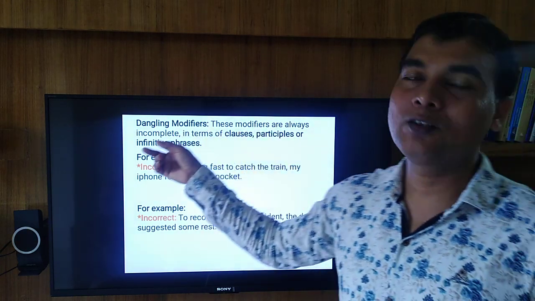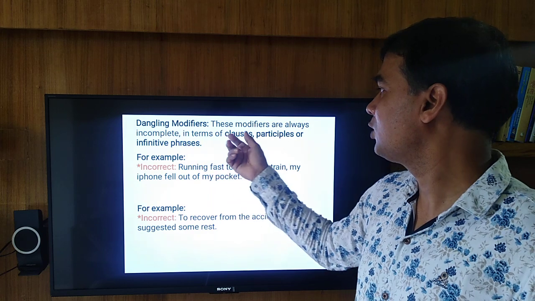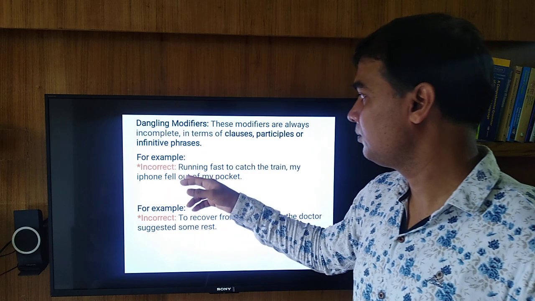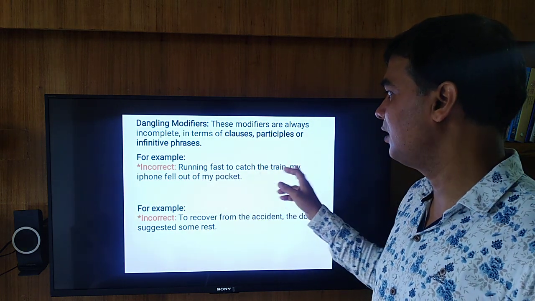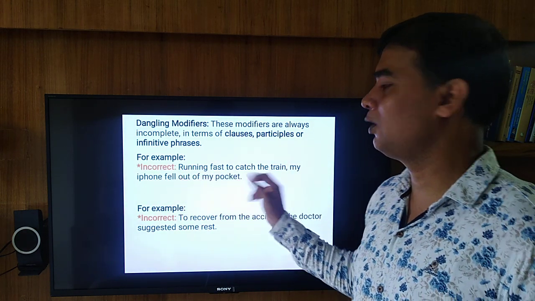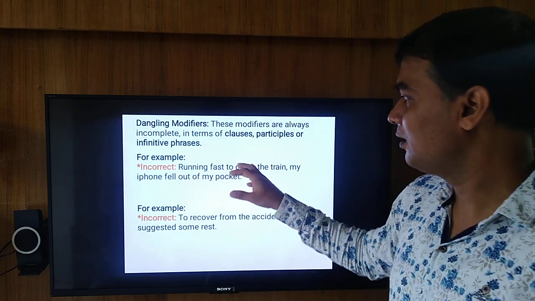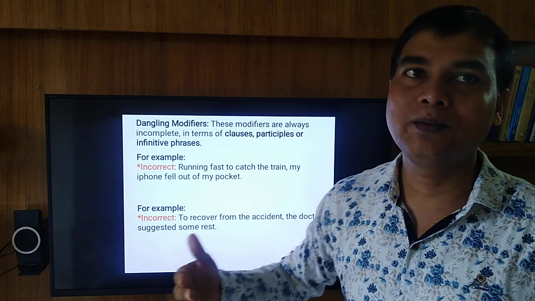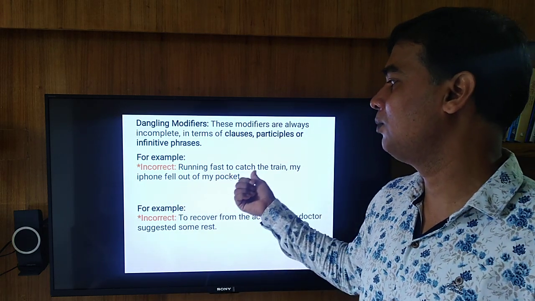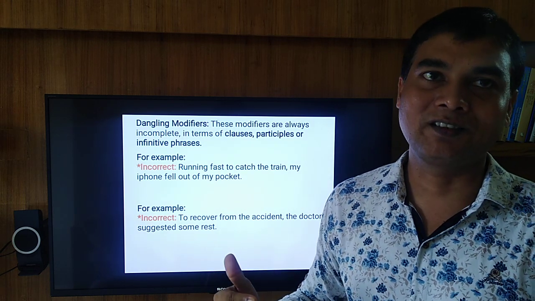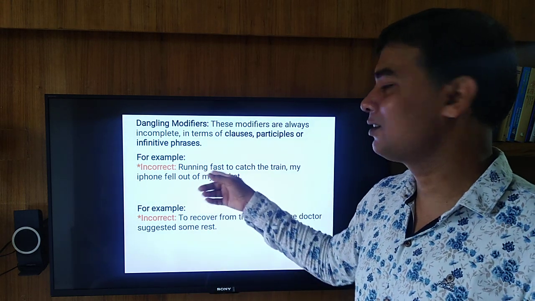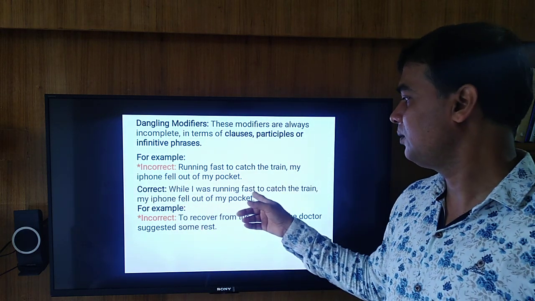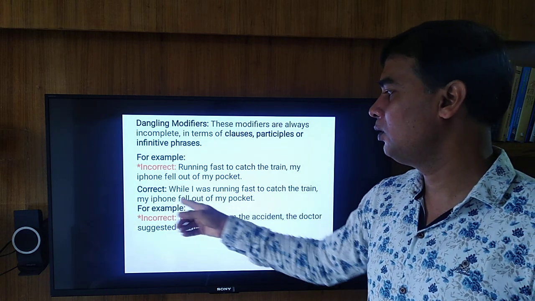This modifier is always incomplete in terms of clauses, participles or infinitive phrases. For example, you say, running fast to catch the train, my iPhone fell out of my pocket. Here the meaning of this sentence is as if my iPhone is running fast and it fell out of my pocket. But that is not the correct meaning. Here actually the subject is missing. So the answer would be, while I was running fast to catch the train, my iPhone fell out of my pocket.